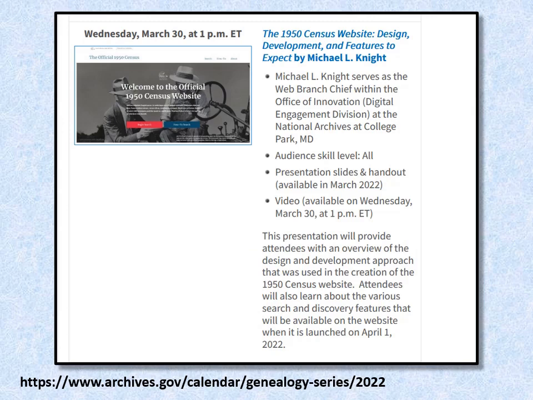But it looks like we're going to find out the nitty-gritty at the end of March, a couple of days before it opens. And you can see that the YouTube video is going to be available on March 30th. So I'm not optimistic we're going to find out more detailed information until that time.